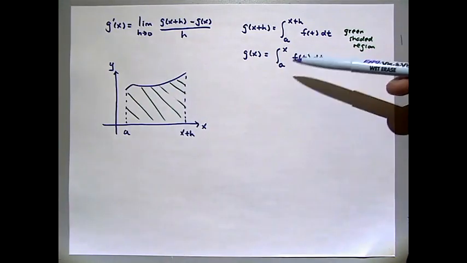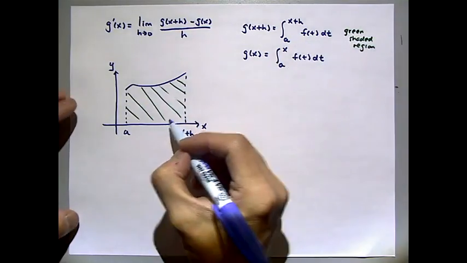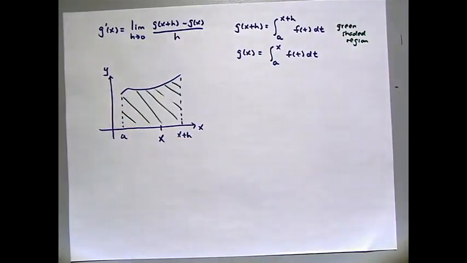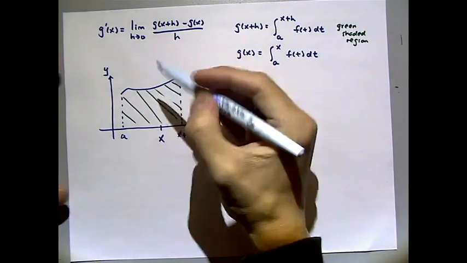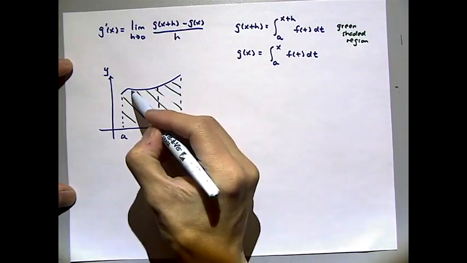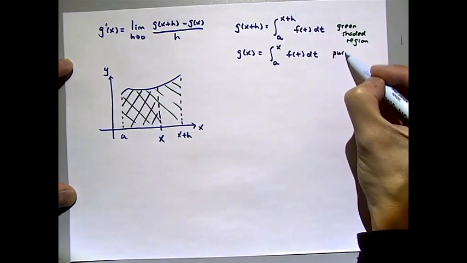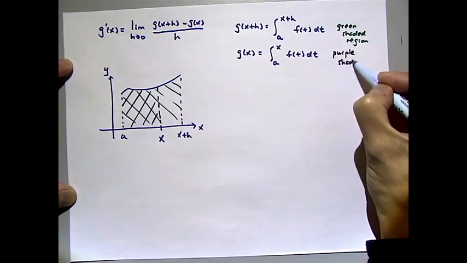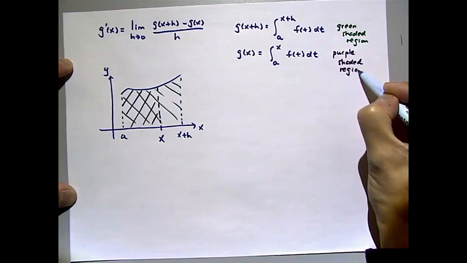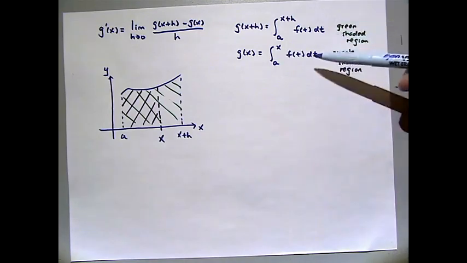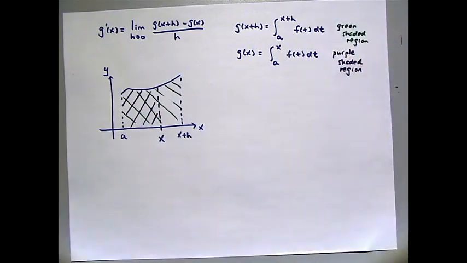The one below it, area accumulated from a up to x. Let's say x is right here, just a little bit before that. And I'll use purple for that. I have purple today, so I'm going to use that. Then the difference between the two, if you subtract the small one from the big one, the difference is this red part.